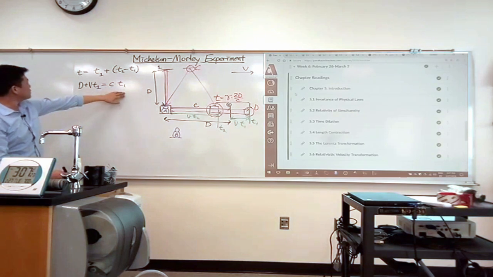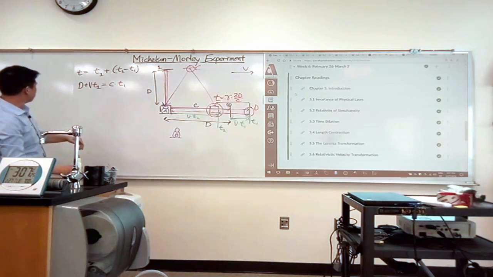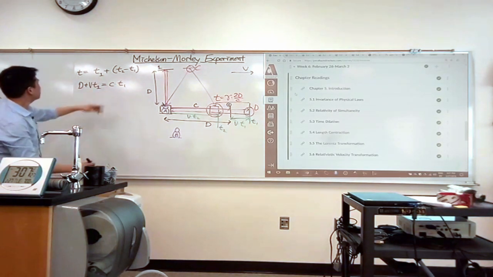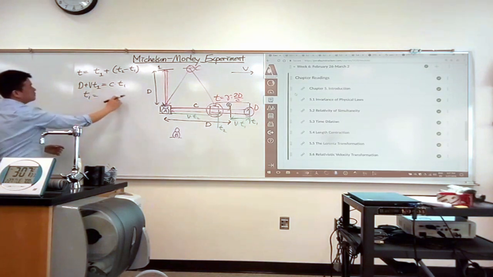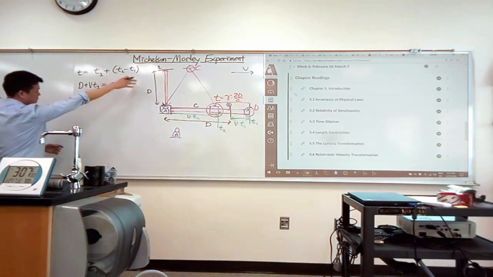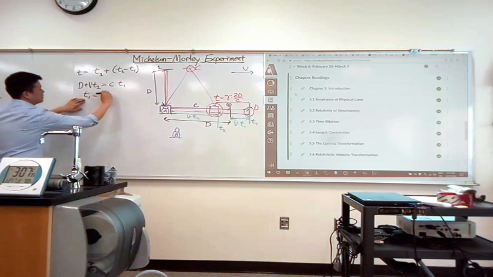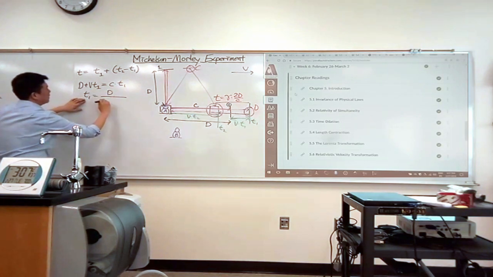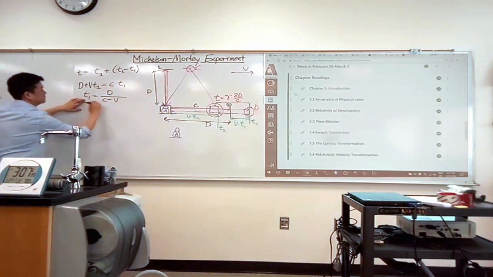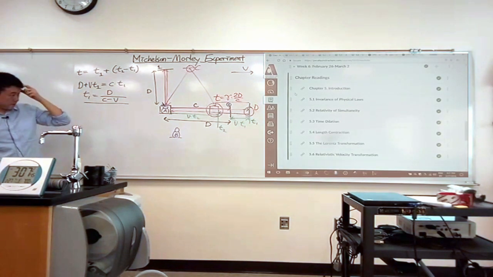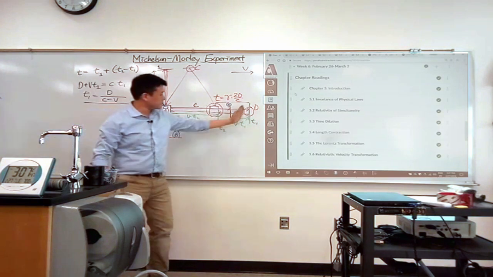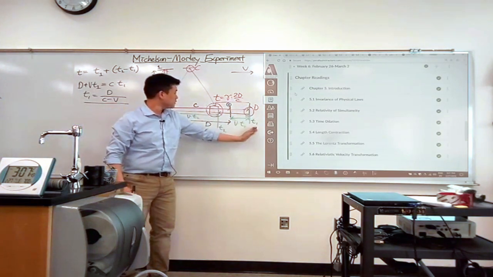So I can solve this for T1. In fact, let's do that now. If I solve for T1, move this over, so c minus v divided out. So T1 should be d divided by c minus v. Everyone good? Okay. And I can figure out T2 minus T1 as well. So the light is starting from this point.